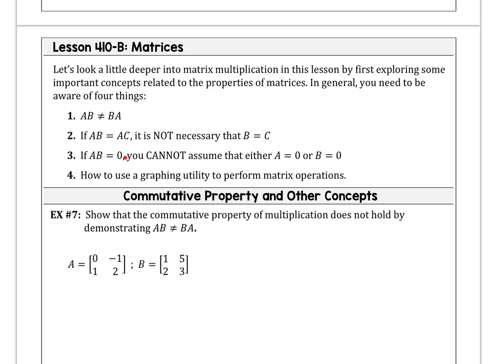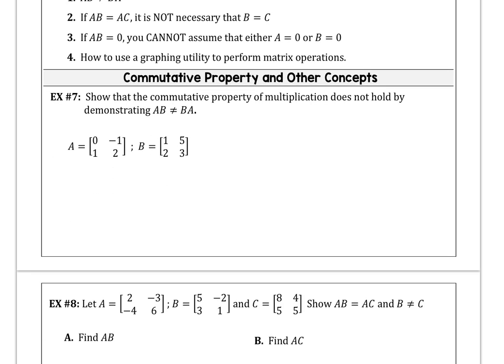And if you get a product of 2 matrices and the result is 0, you cannot assume that one of those matrices was 0. And how to use a graphing utility to perform matrix operations will be in this lesson as well. So first, let's show that the commutative property doesn't hold by demonstrating AB is not the same as B times A.